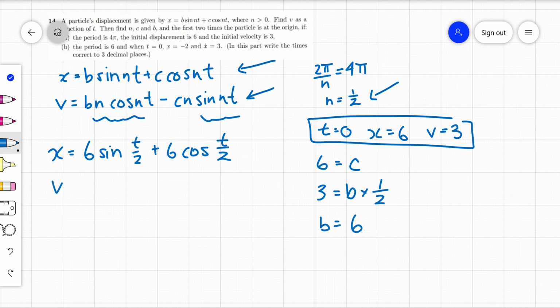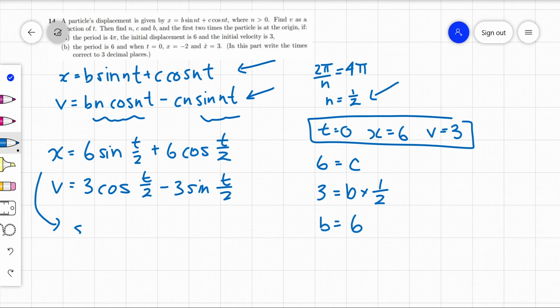And v is then 3 cos t on 2 minus 3 sine t on 2. So they're my equations. Now we can find the first 2 times the particle is at the origin. So really we're using the x equation, and we're saying when x is 0. So when we make x equal 0, clearly the sine t on 2 has to equal negative cos t on 2 in order for that to work.